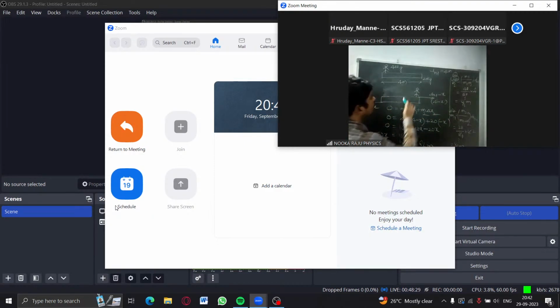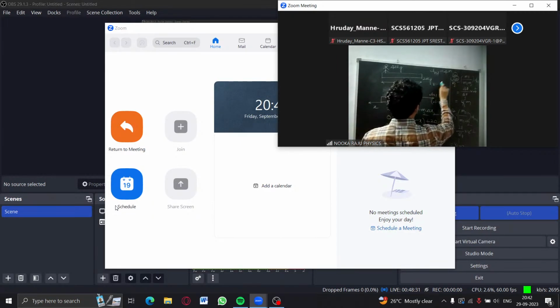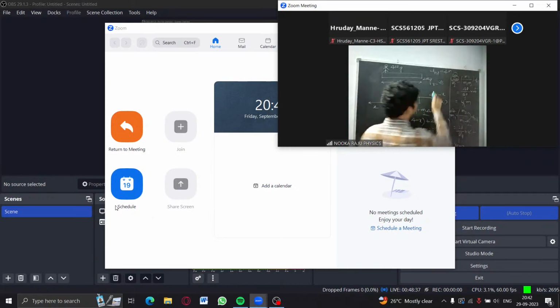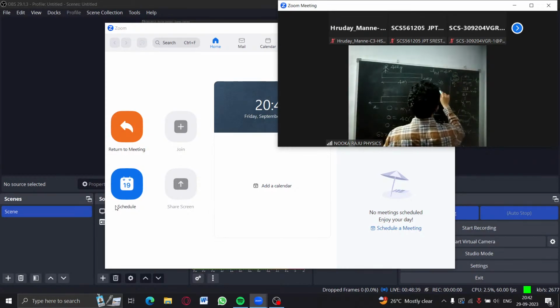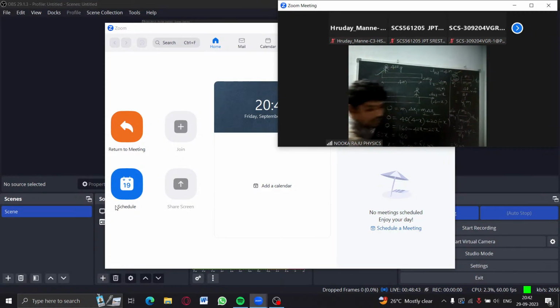So here we got x value equal to 8 by 3 and D relative minus x equal to 4 by 3. So this is the shortcut, this is the original process.